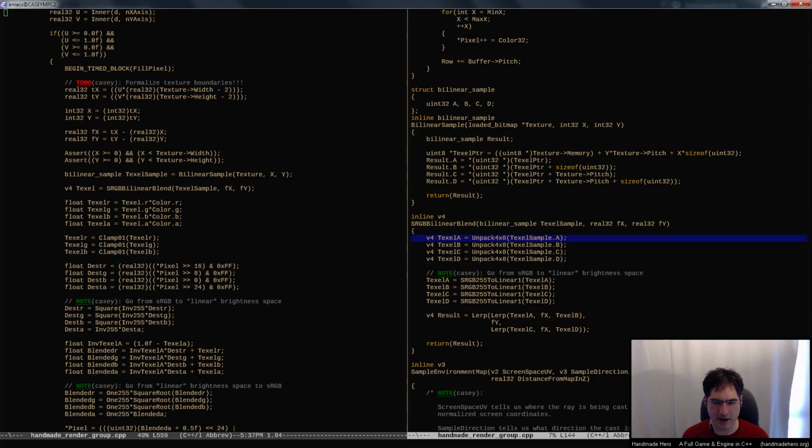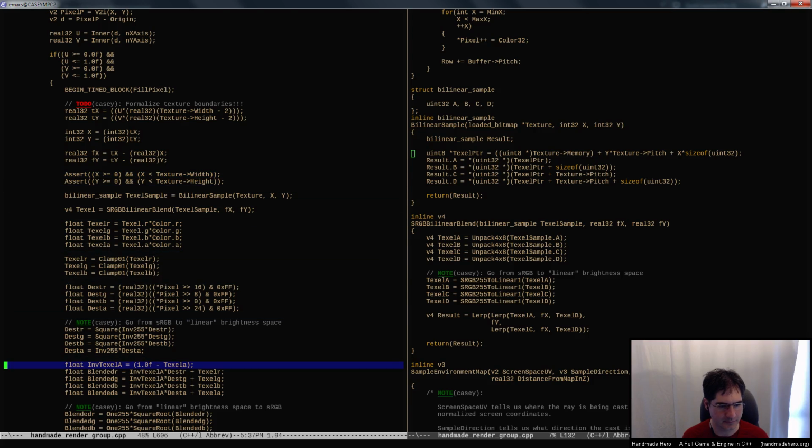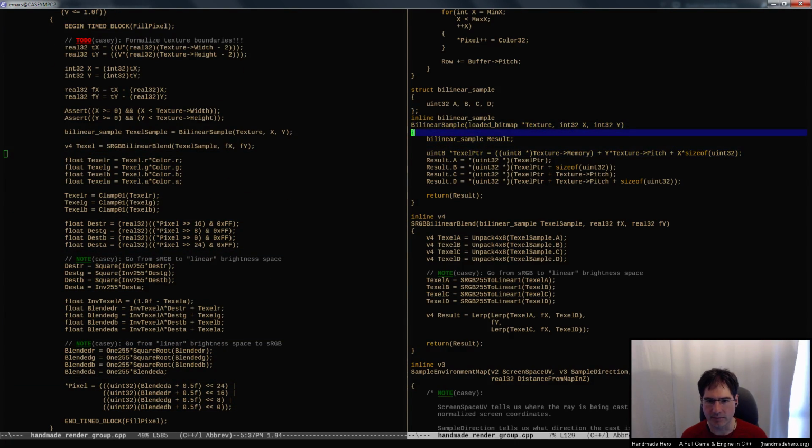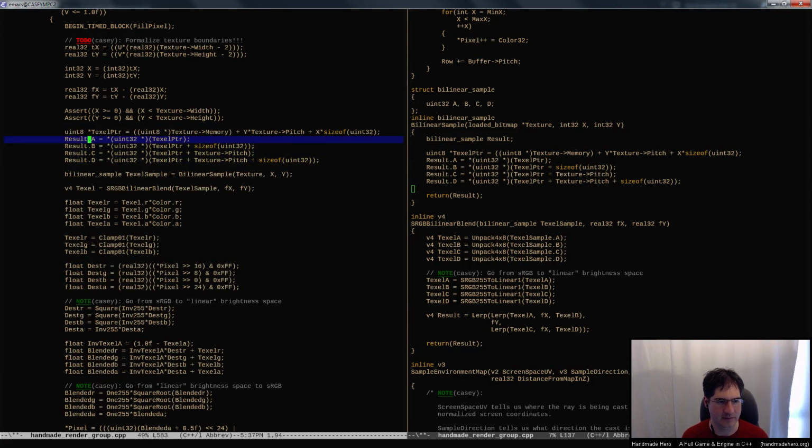All right, so let's paste these in there so we can start to look at them. Let's see here. Bilinear sample, like I said, is not that bad. Taking the Texel sample is actually not that bad. So we'll do those as sample A, B, C, and D, like so. Those are packed pixels that come in here, right?